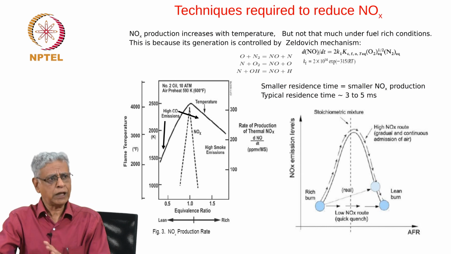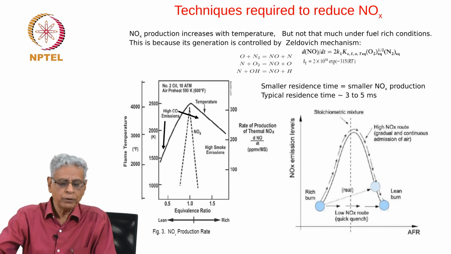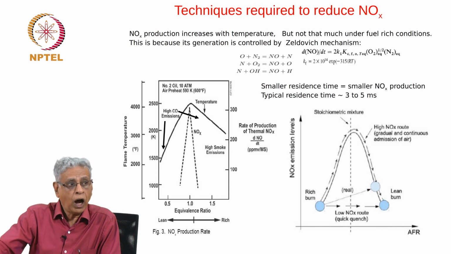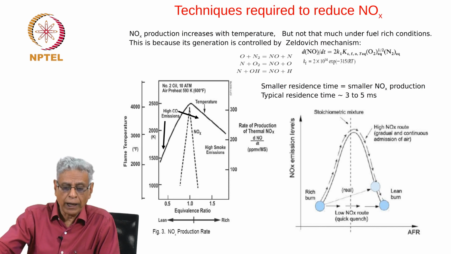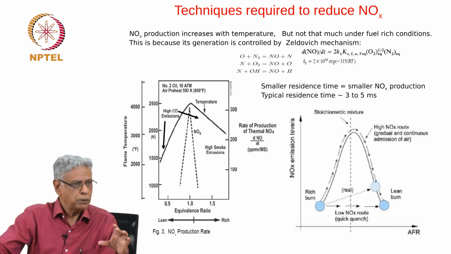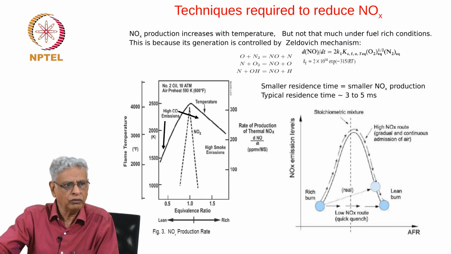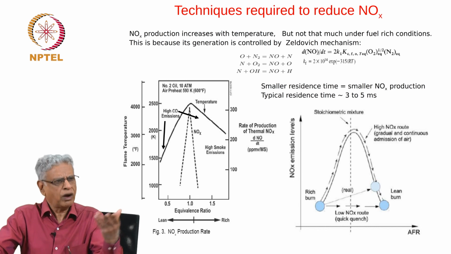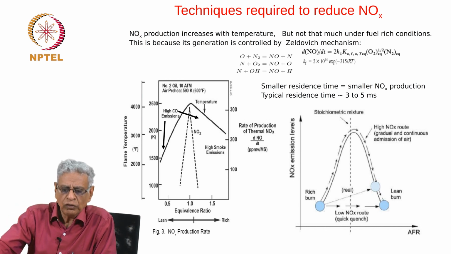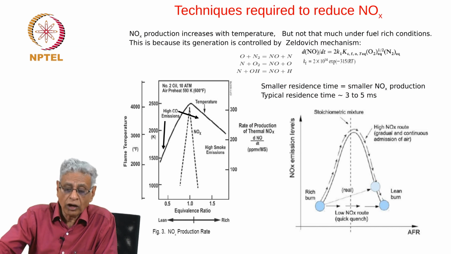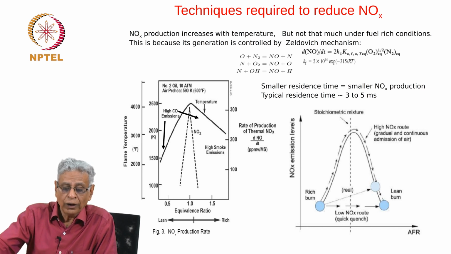It has been fairly well established over the last maybe 4 decades, and it is also known how NOx gets generated with time. It's actually a simple analysis which you will see in standard books, and any book of combustion will give you this detail. You will find that the rate is proportional to the oxygen fraction at equilibrium to the power of half and the nitrogen fraction at equilibrium, and it is the time which controls the amount of NOx produced.